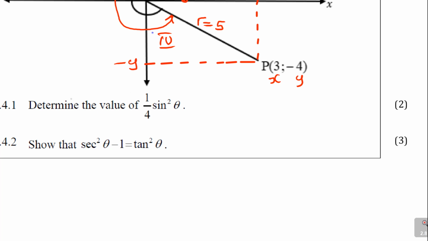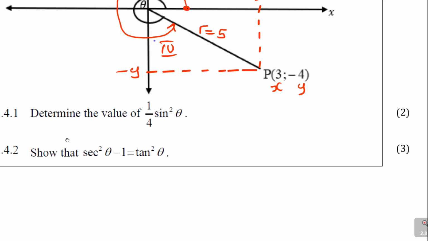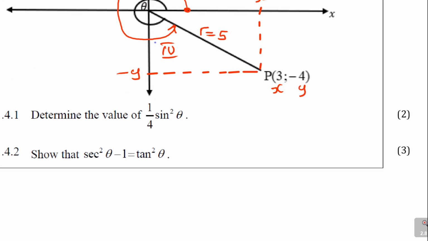Look at this. What's the first question? The first question says determine the value of what? This 1 over 4 sine squared theta. So you say 1 over 4. I told you when they say sine squared, you write sine theta, and you put the squared like that. Please remember, the squared is only for sine. It's not affecting 1 over 4, so 1 over 4 is on its own. Then you put a bracket, sine theta. You remind yourself, what is sine?